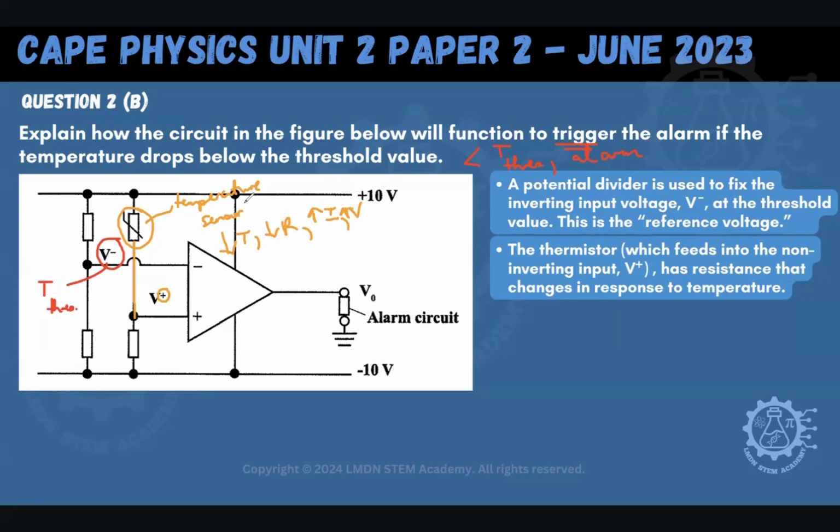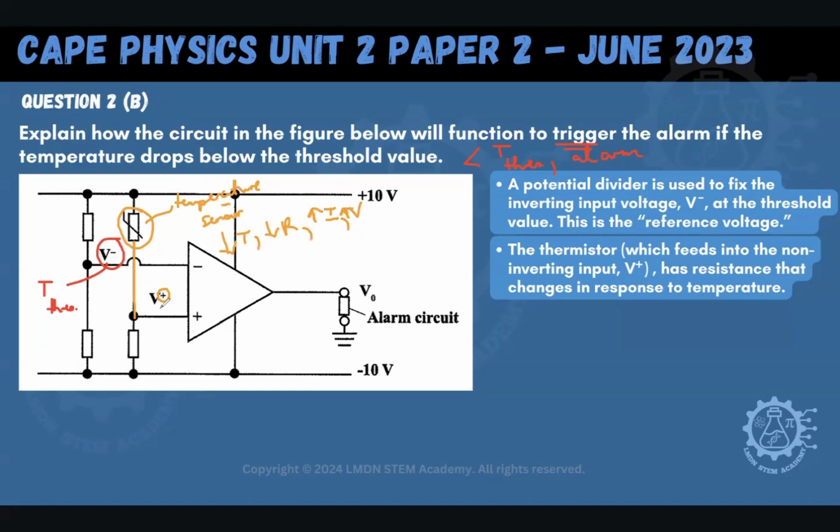So let's keep that in mind. It's a thermistor, the resistance depends on temperature, and with a temperature drop, the resistance drops, current goes up, voltage goes up. Whatever happens to the thermistor is going to get picked up directly by the non-inverting voltage here.